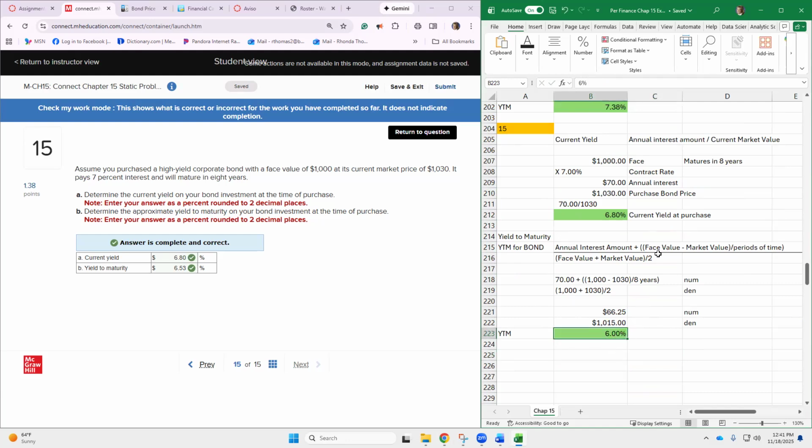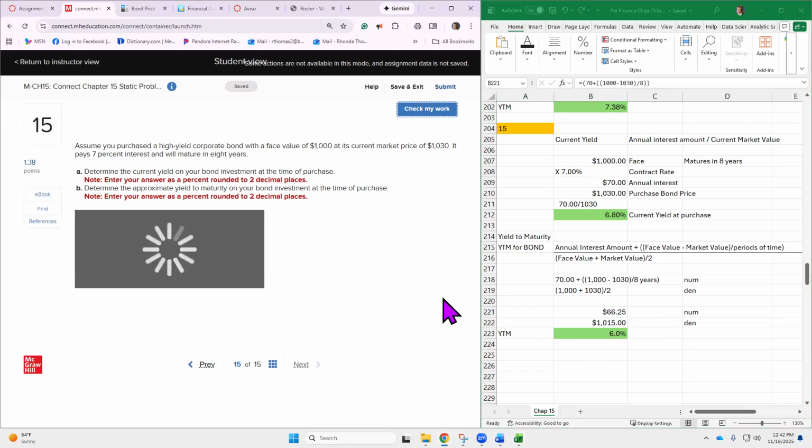Okay, hang on. Where did I get that? Hold on. I'm looking. So, 7%. Oh, current yield. All right. Okay. And up here, I guess I was trying to see where this 6.53 came from.